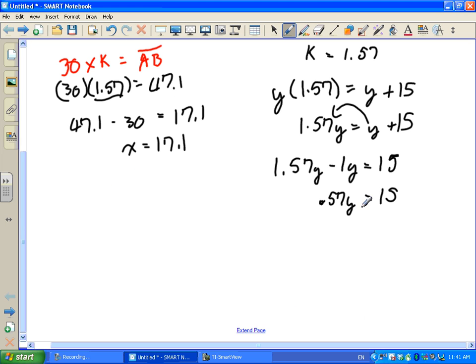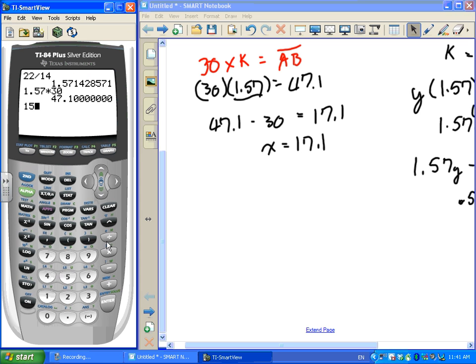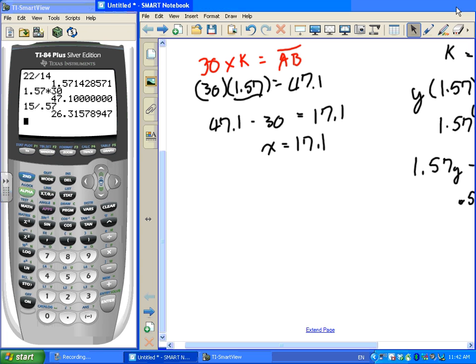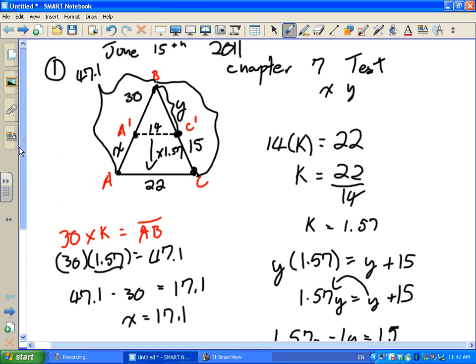And we need to isolate our Y. So I'm going to bring it to the other side, which means I need to divide by 0.57. Y is equal to 15 divided by 0.57 equals 26.31. Okay? So we've now solved for our side Y.